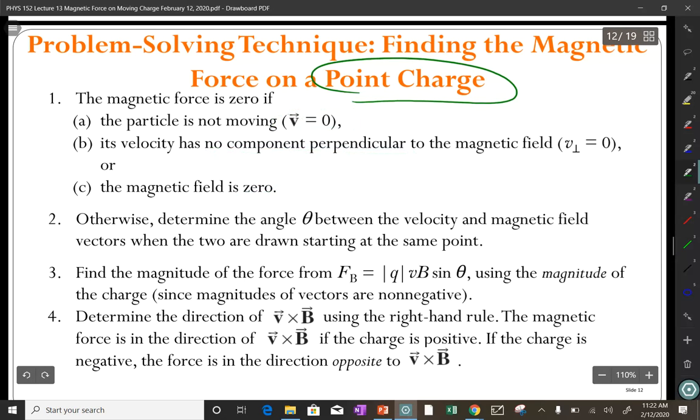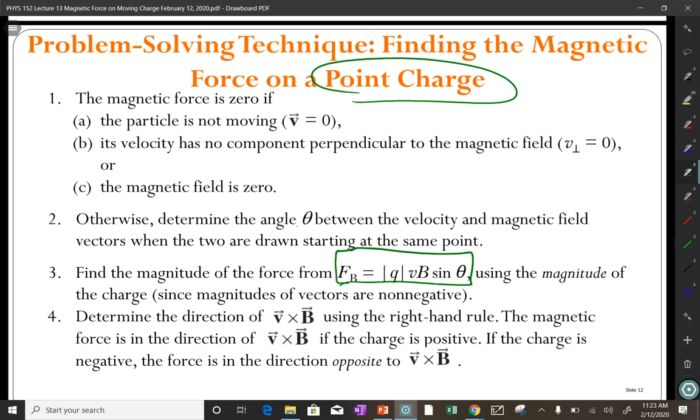Then we're ready to actually start doing some work if it turns out there is a force. So determine the angle between the velocity and magnetic field, because we're going to calculate the magnitude separately from the direction. You don't have a choice here. Well, I guess we could use a matrix, taking a determinant. So determine that angle, then calculate the magnitude using this equation.